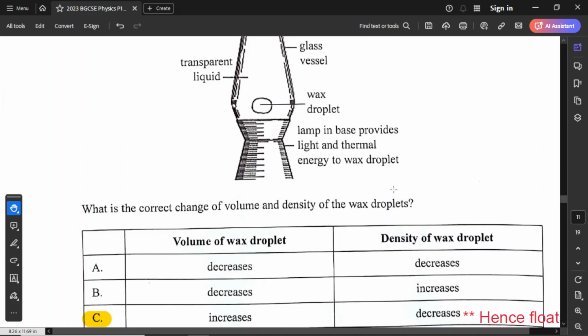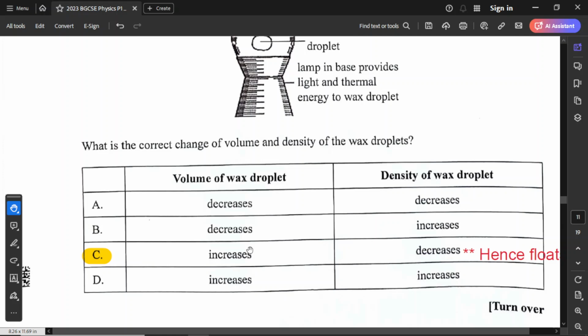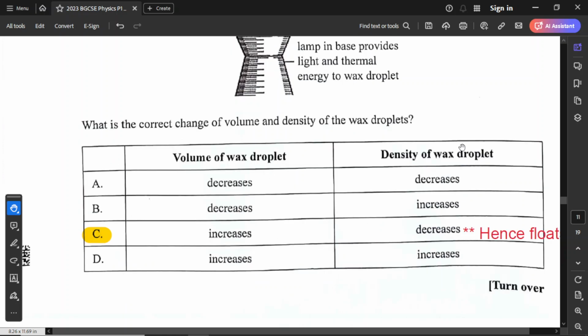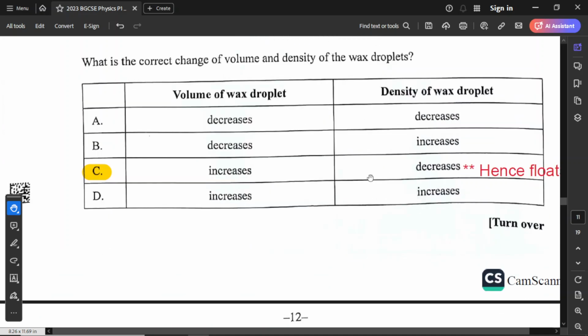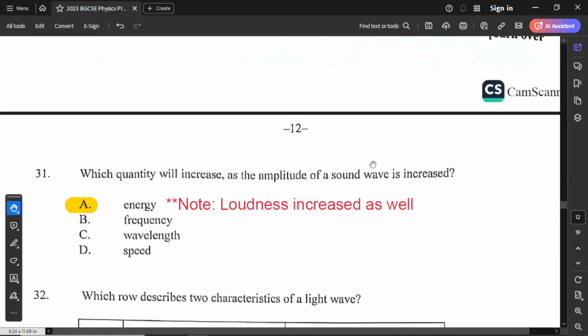Because of the heat that is applied, the wax droplet will increase in volume, and then the density will decrease, and that's why we have floating taking place. If the density increases, what's going to happen? It's going to sink. So it can float because the density is becoming less and less as the volume increases. The particles are spreading out due to heat.